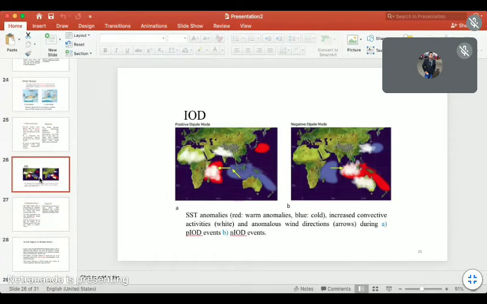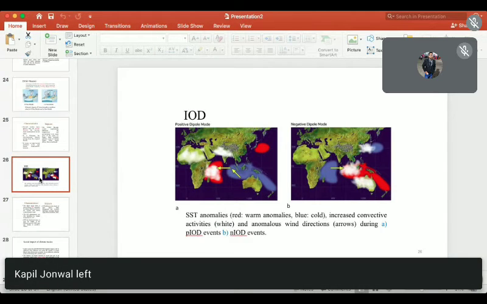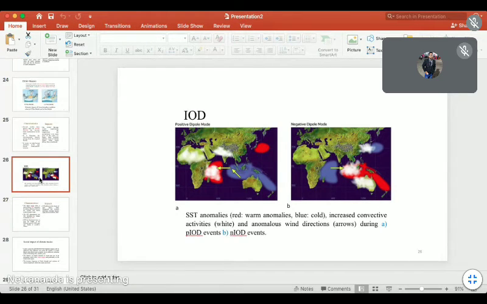Then in the Indian Ocean, these are very recently developed, Enso Modoki and IOD, Indian Ocean Dipole. Like in the early 70s, what they found in the Pacific Ocean was that El Nino and La Nina features are there. Similarly, in 1999, this same group of researchers from Tokyo University along with Jamstec, the Toshio Yamagata group, he was the PI of that group, and they found that in the Indian Ocean also there are two types of dipoles of warming features.